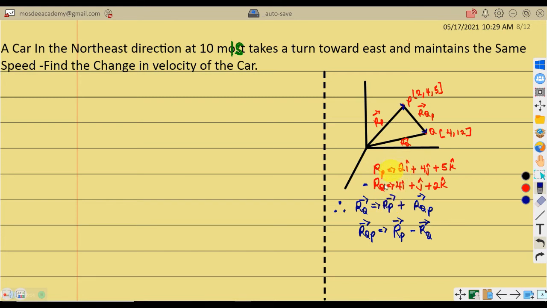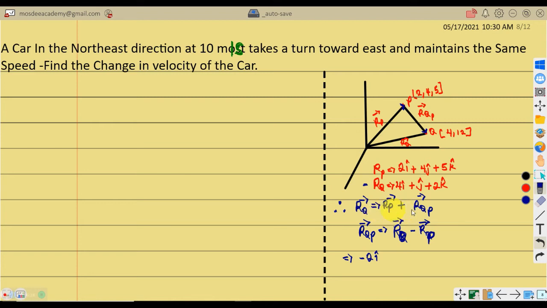And if I do that, the answer I'm going to have here is 2i minus 4i, which is nothing but, I'm just doing direct subtraction, guys, negative 2i cap. Then 4i minus 4j cap minus j cap. This one is 1. I'm going to have 4 minus this. Sorry, guys. It should have been RQ minus RP, from my subject of formula.